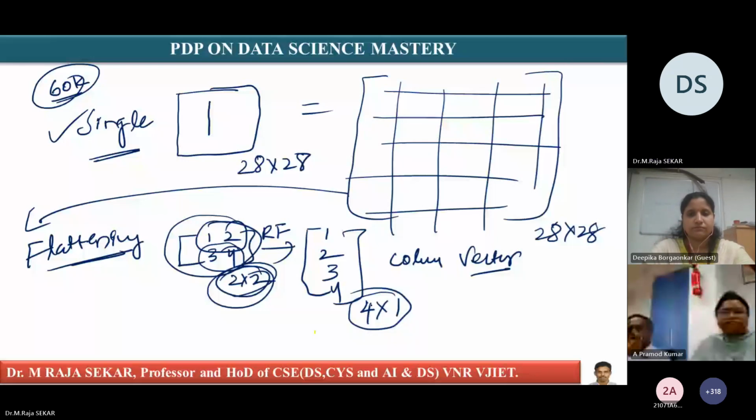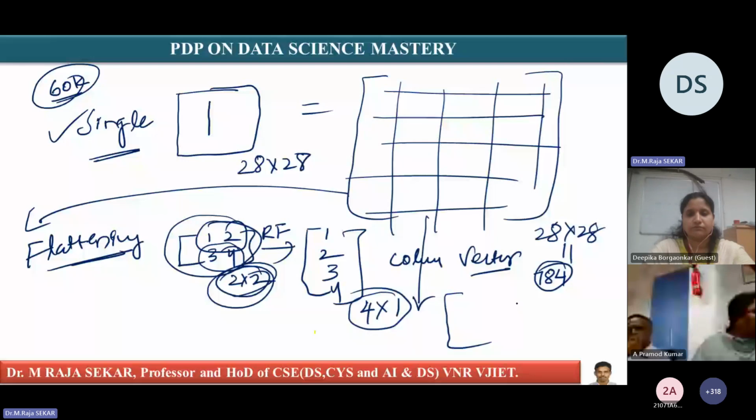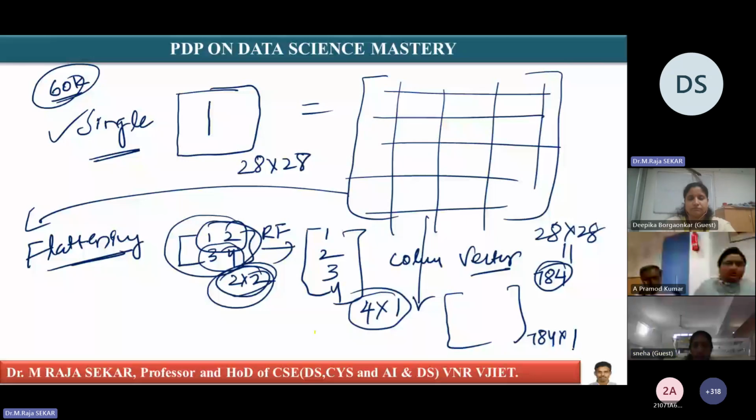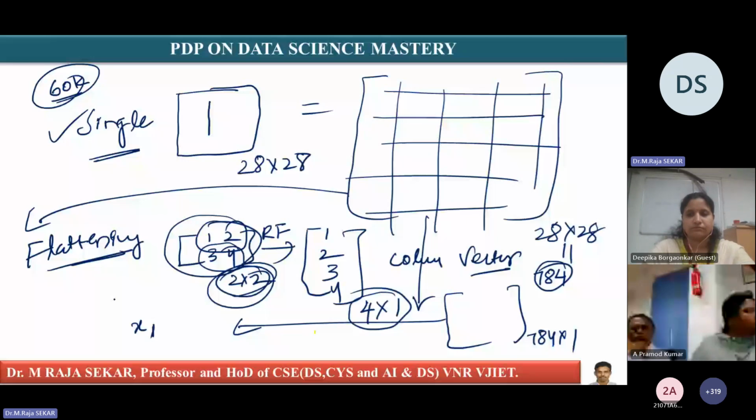In a similar manner, if I multiply 28 into 28, I will get 784. This particular 28 by 28 matrix, I can convert into 784 by 1. This is about a single image. Let me say this is X1. X1 means my image 1. How many? Let me say my data set is D equal to (Xi, Yi), i equal to 1 to 60K.